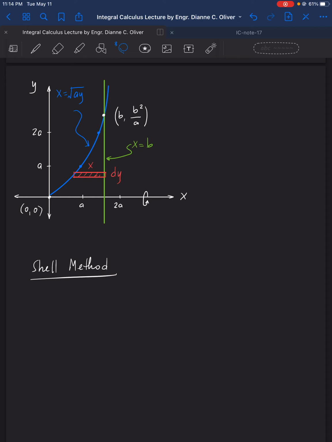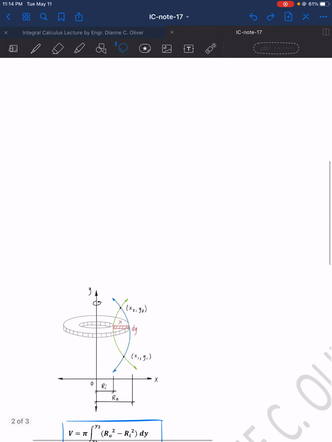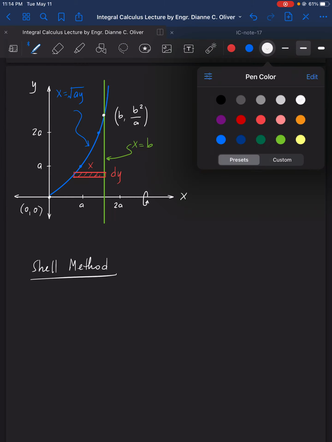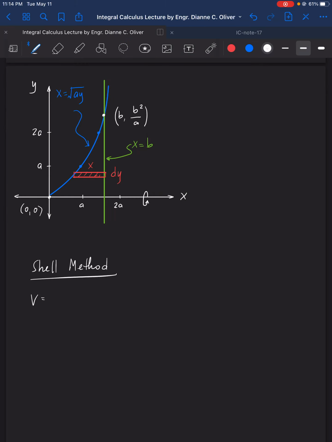Now, if we are using the shell method, the formula that we are going to use, with the x-axis as the axis of revolution, is volume equal to 2 pi integral of x y dy, with limits y1 to y2.